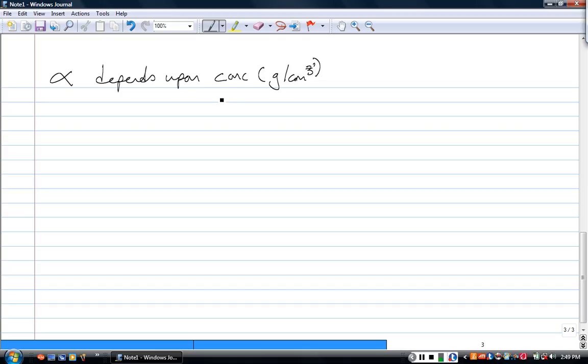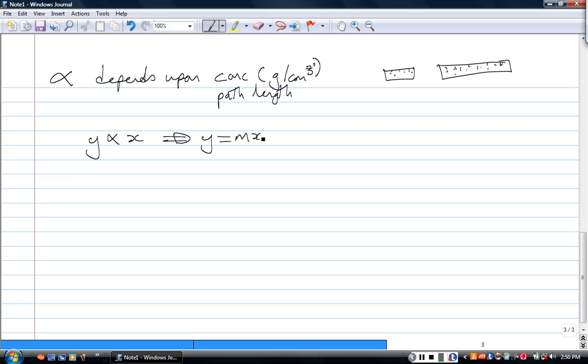It's affected by the path length of the cell. In other words, how long the cell is. I mean, if my cell is this long, then there'll be a few molecules in it. But if at the same concentration my cell is this long, then my light beam is going to encounter a lot more molecules. And if alpha depends upon C and L, then I can write, for example, if y is proportional to x, I can write y is equal to some constant, let's say m, times x.